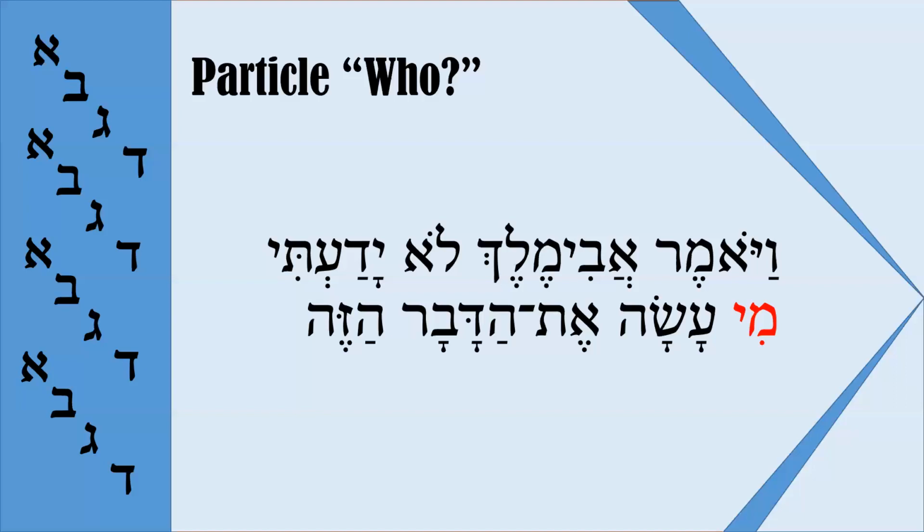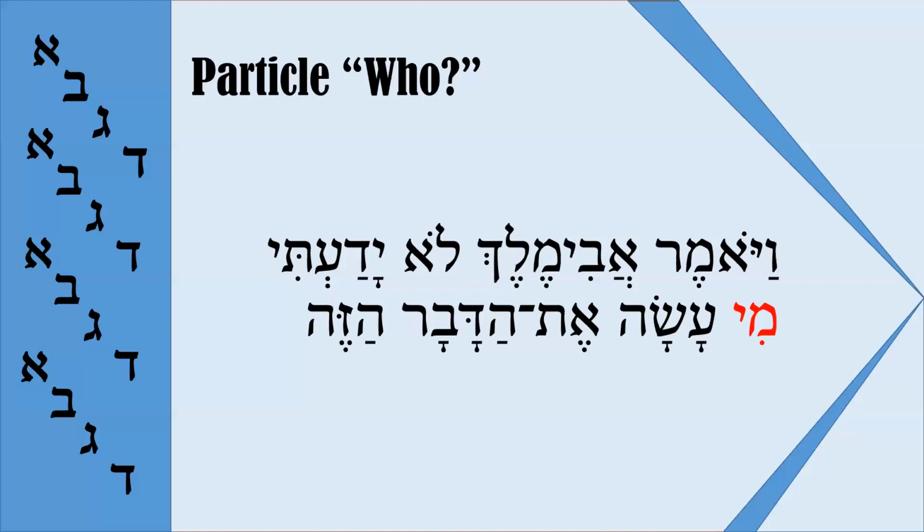Pastor Butala, may I ask you to continue? I don't know why. Very well. Not why. Mi is who. Okay, I don't know who did this thing. Very well. So davar means thing or word, depending on the context. In this case, it's better to translate it as thing.